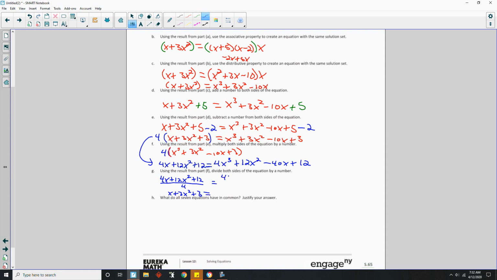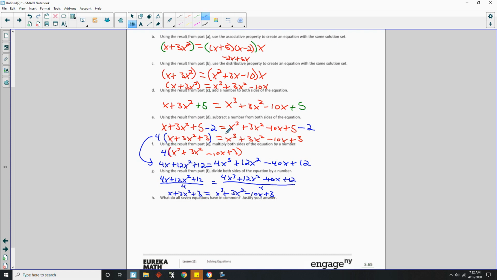And then if I take 4x cubed plus 12x squared minus 40x plus 12, and divide that by 4, the 4's cancel, and I get x cubed plus 12 divided by 4 is 3x squared, minus 40 divided by 4 is 10x, plus 12 divided by 4 is 3.